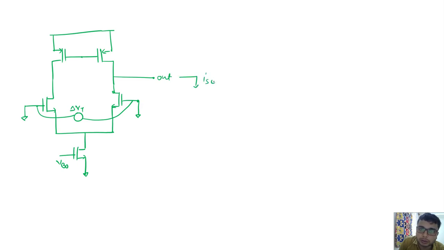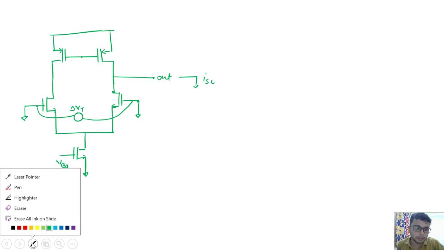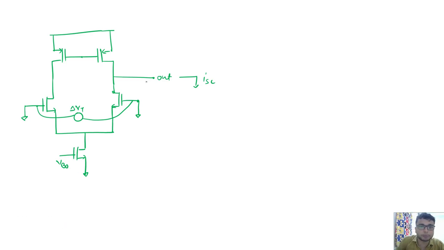Okay, so this is the way of modeling the input mismatch, the input pair. First I am considering M1 and M2, then I will see the contribution of M3 and M4 later.